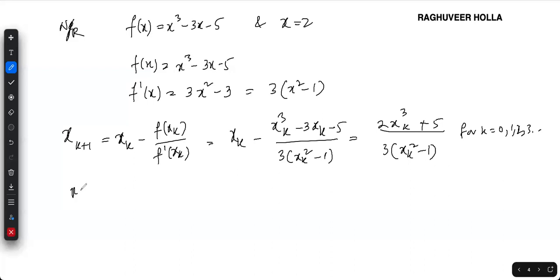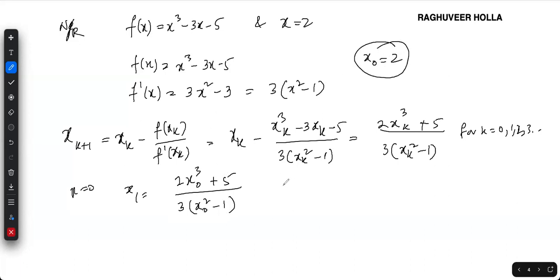So for k is equal to 0, so your x1 will be 2x cube x naught plus 5 divided by 3 into x naught square minus 1. So what is your x naught? X naught here is 2. So substitute it. So I'll substitute it quickly. This is 3 into 1.